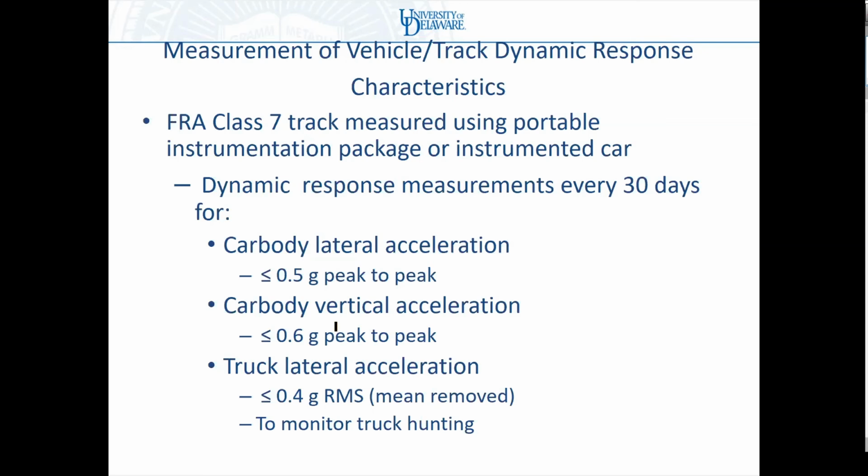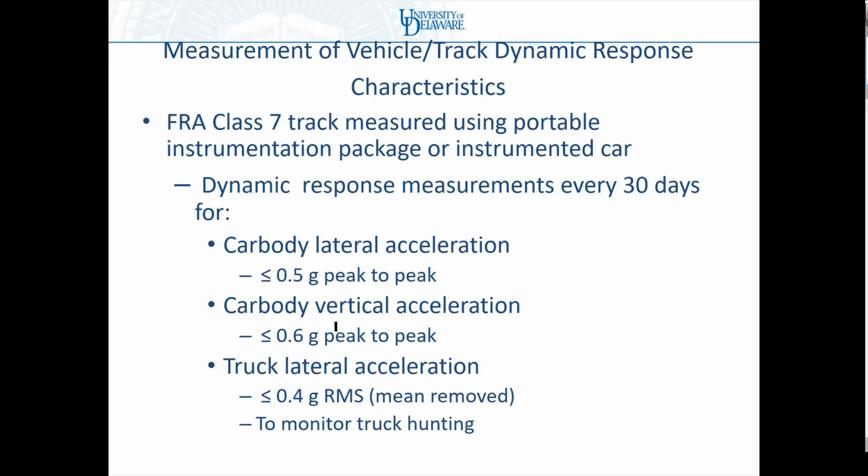And recent sets of standards have even introduced dynamic response standards to augment the traditional track geometry standards, which we'll talk about a little bit later today. These are usually associated with high-speed track.